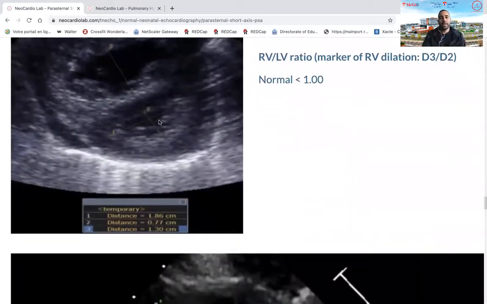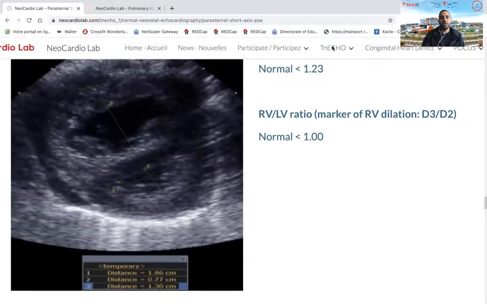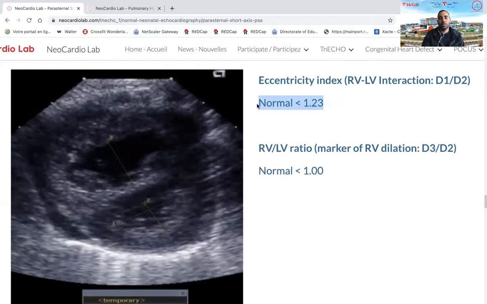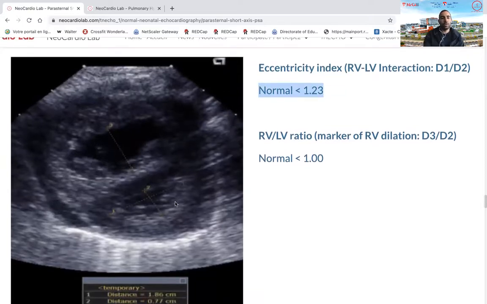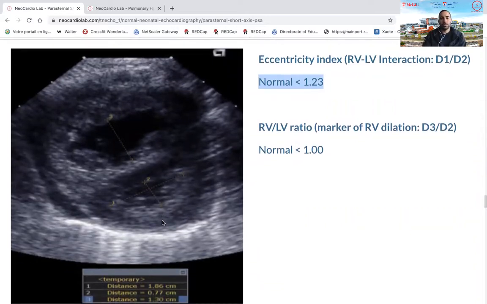And you can see again that you have a much more important parallel value compared to perpendicular value. Here it says normal less than 1.23 because we are doing this value divided by this value. And so you want to take this into account.